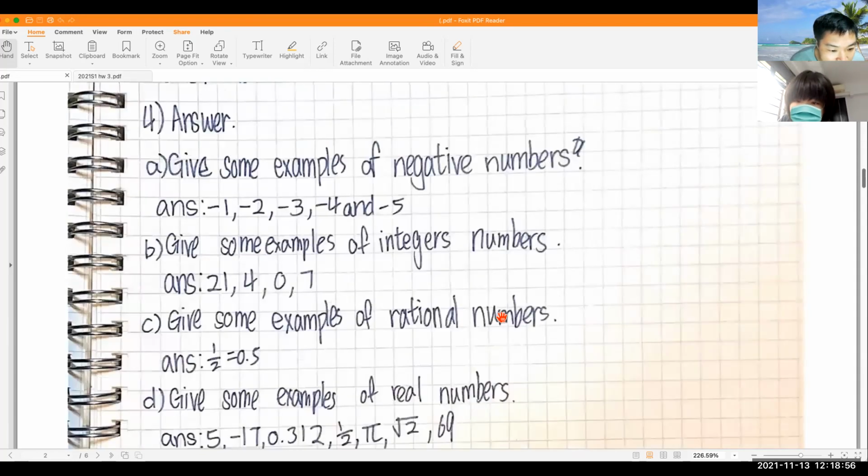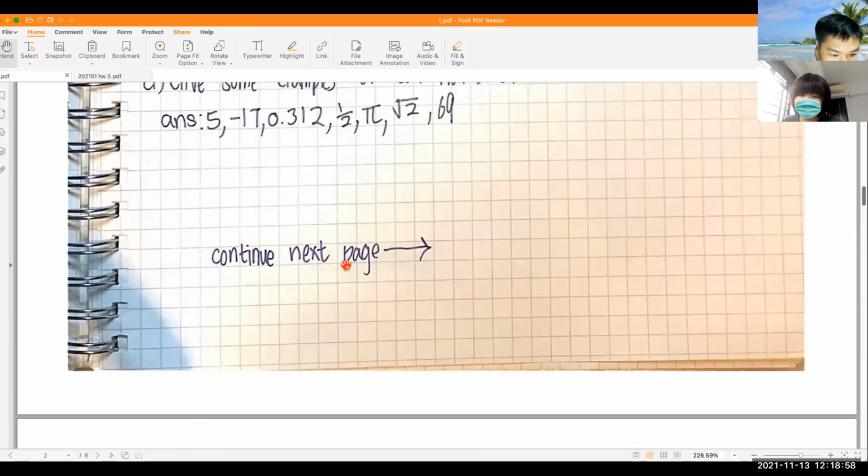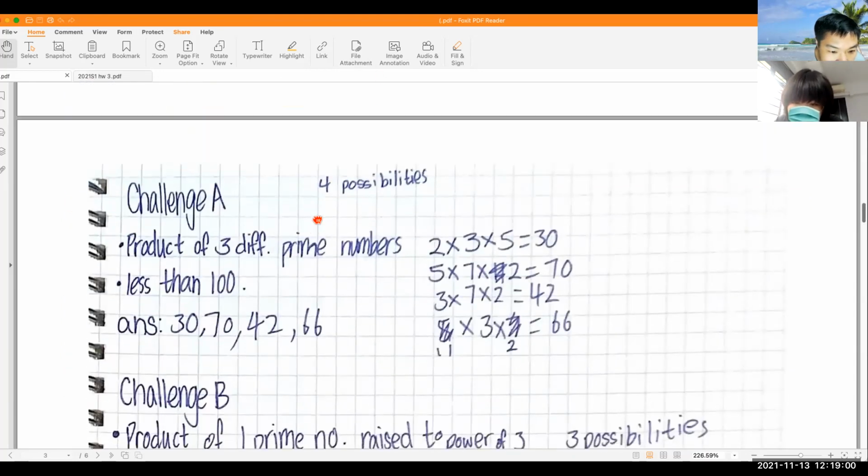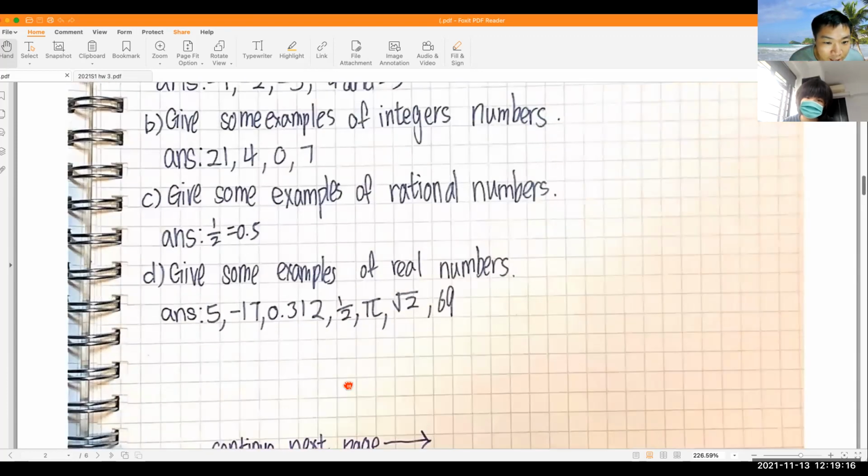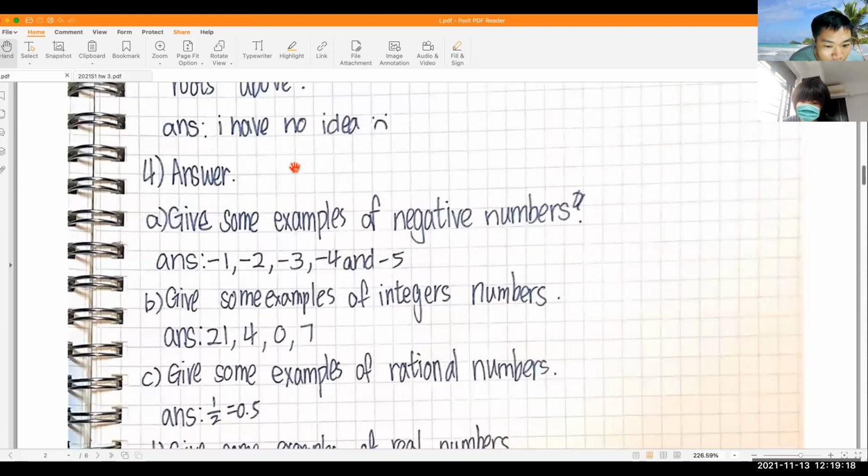Okay, I'm not supposed to look at that page. I'm supposed to look at here, right? That means you have sent me more than you need to. I'm supposed to look at this from here onwards. Am I right? Challenge A. Yeah. Okay, so basically, I don't need to look at all this.